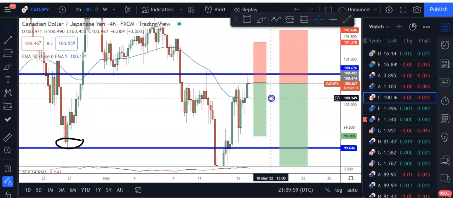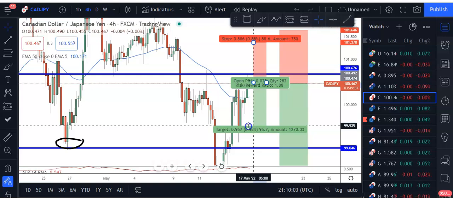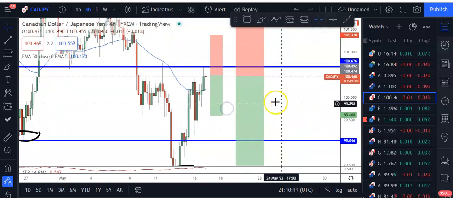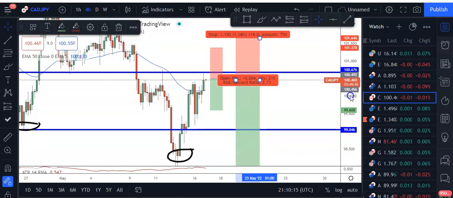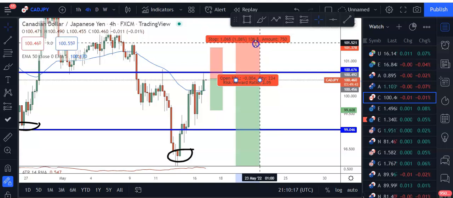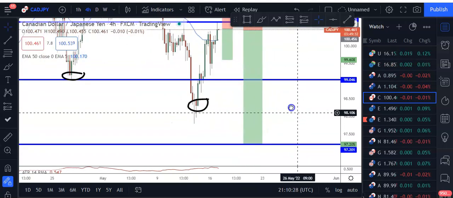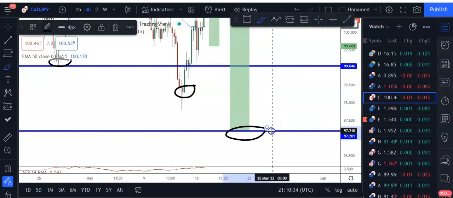And then for my first position, I will take my first profit at 1-to-1 risk to reward. And then for my second position, I'm going to hold it for long. I'm going to be holding this position up until this level here, which is the 97.210 level.